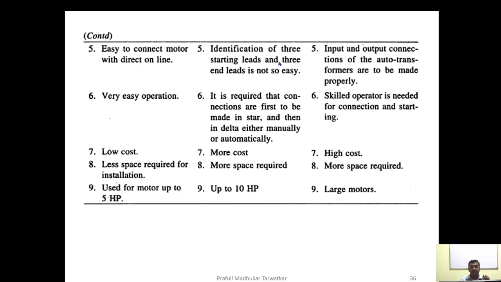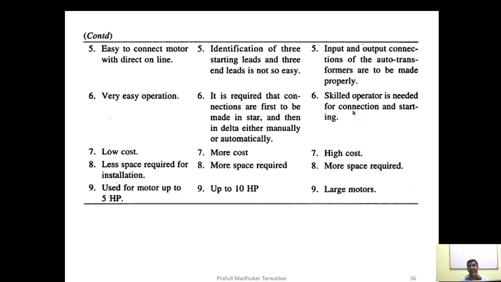Easy to connect motor. Identification is important for start and run positions, that is star and delta terminals of the induction motor, when you are using a star delta starter. Only input and output terminals need to be identified for the auto transformer starter. Very easy operation requires connections first to be made in star and then in delta.